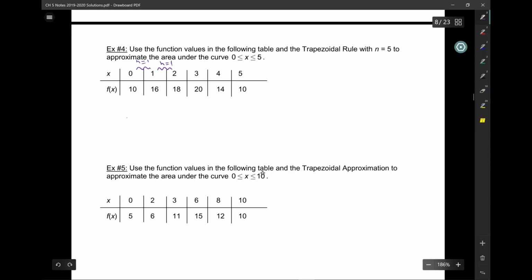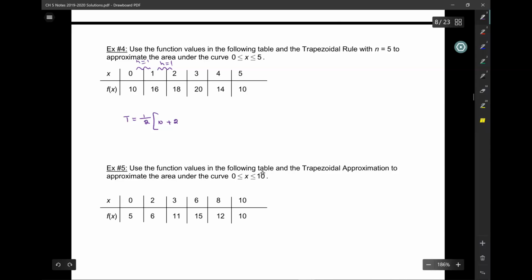So, same situation. T is height 1 divided by 2. These are your y0, y1, y2, yn. So same situation. We take 1 of the first and of the last, 2 of everything inside.